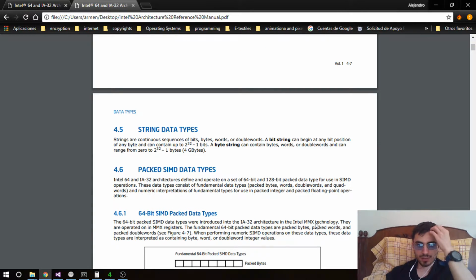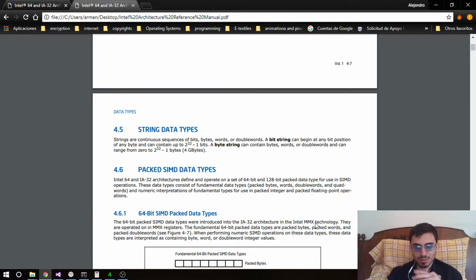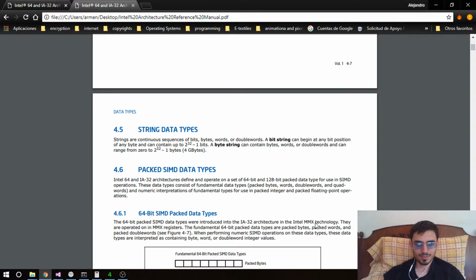So it can have up to, 6553, no, sorry, 4 gigabytes. It can have 4 gigabytes. Four gigs. That's a lot, isn't it?